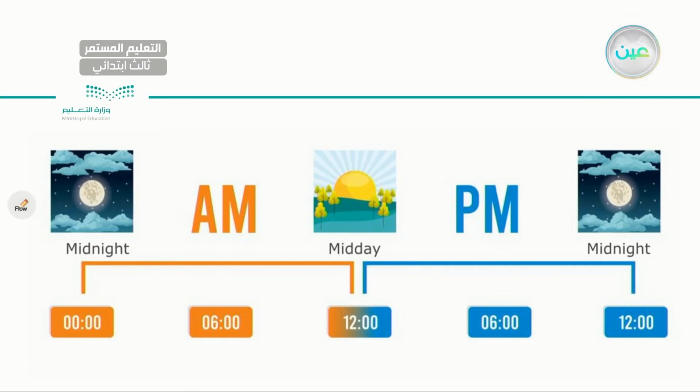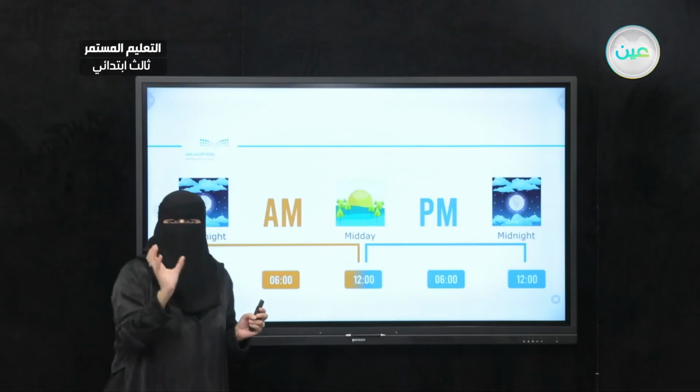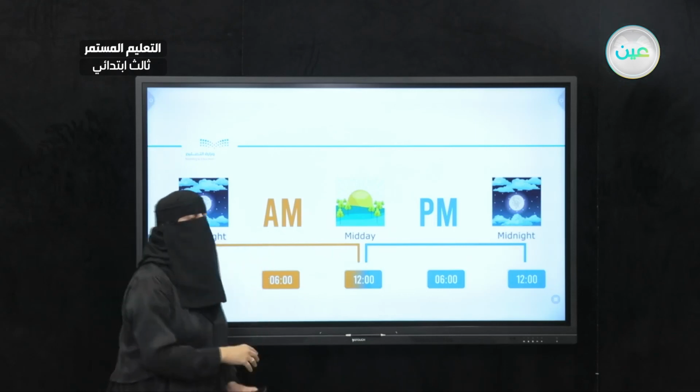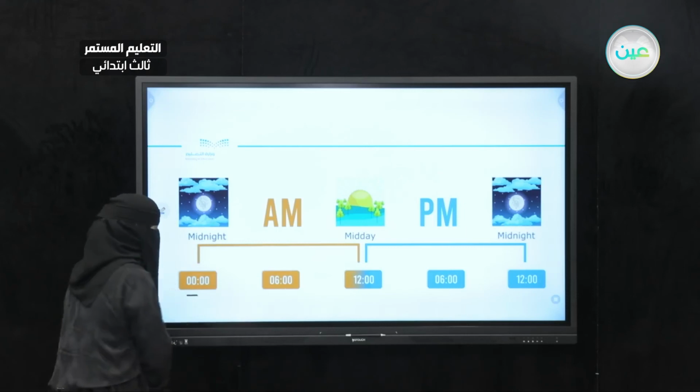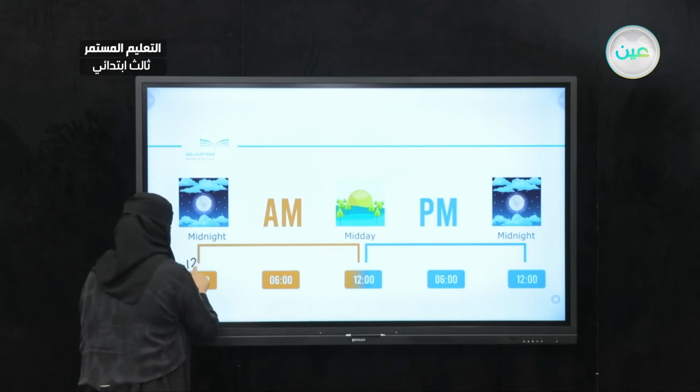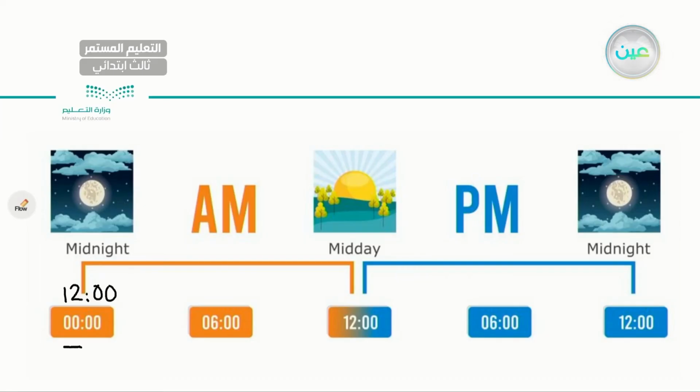When do we start having AM in our time, and when do we start using PM? For example, starting from midnight, that is 12 o'clock, I will start using AM, okay?